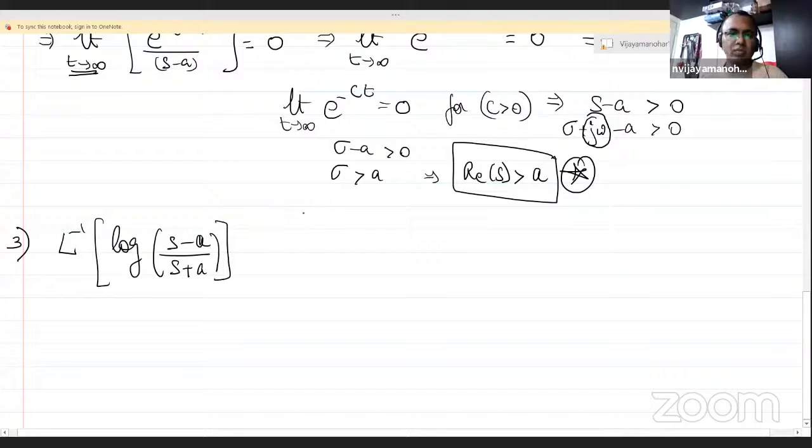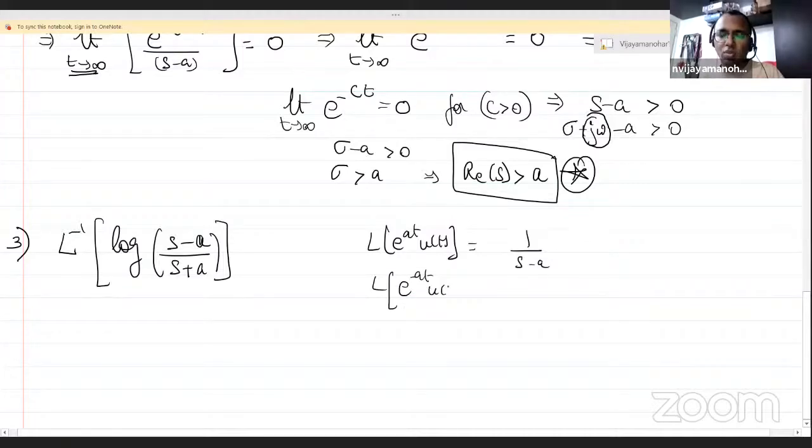Now I don't know any function whose Laplace transform gives me log. For example, the Laplace transform of e power at u of t is 1 by s minus a, and the Laplace transform of e power minus at u of t is 1 by s plus a. We know this pair, so whenever we see this, we reverse map it.